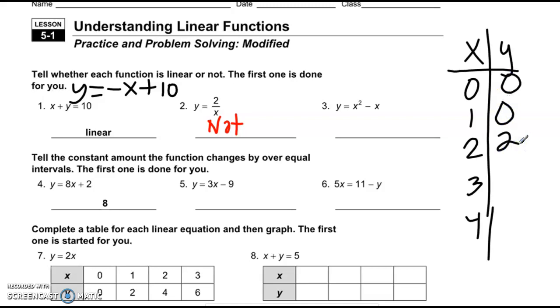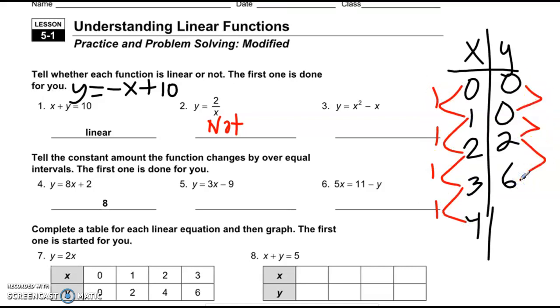When x is 3, 3 squared is 9. 9 minus 3 is 6. So while I went up by 1s all the time, am I going up the same amount with each one of those? No. Not increasing evenly here, 2 and then 6. So this is not a linear function. This would be a graph of a parabola again.